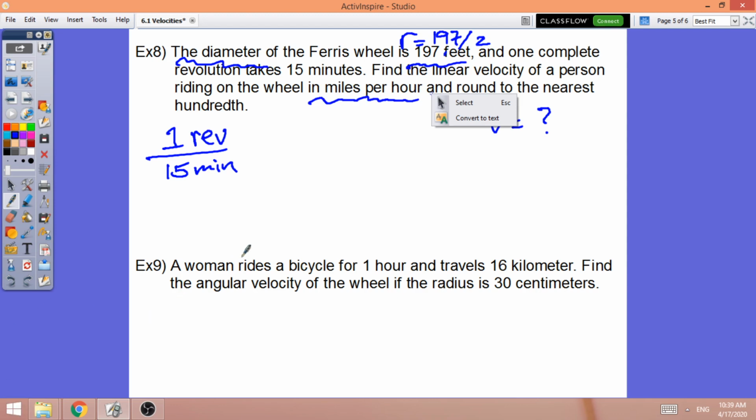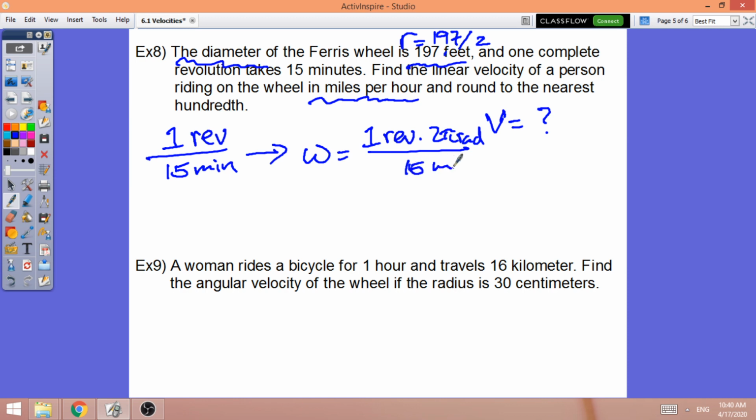So first thing first, we need to convert that one revolution over 15 minutes to angular velocity. So the way to do that, omega equals 1 rev times 2 pi radians, and then divided by 15 minutes. So it's 2 pi over 15, and it's radians per minute.